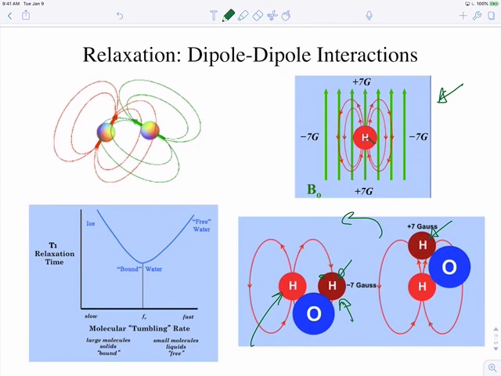And if it rotates at a rate such that the magnetic field frequency it experiences is at the Larmor frequency, then stimulated emission can occur. That's shown here, where when the tumbling rate is just right, we can have a very short T1. So this is the T1. This is where we're getting lots of stimulated emission.